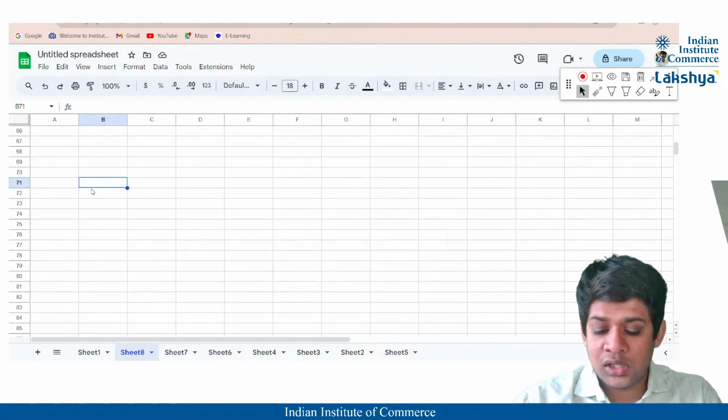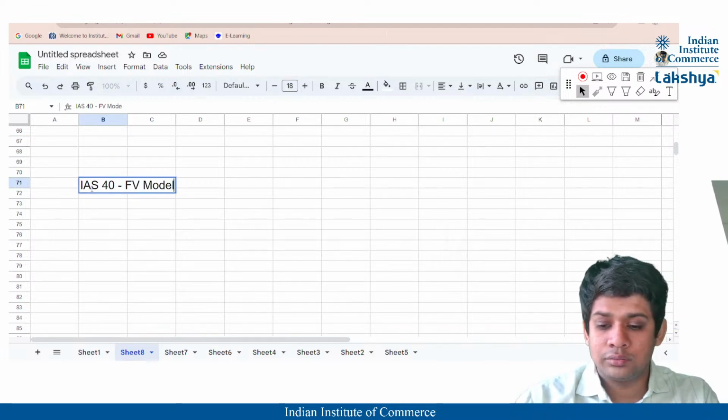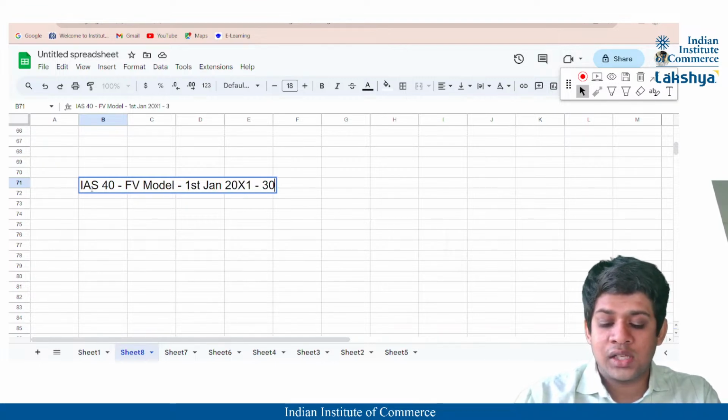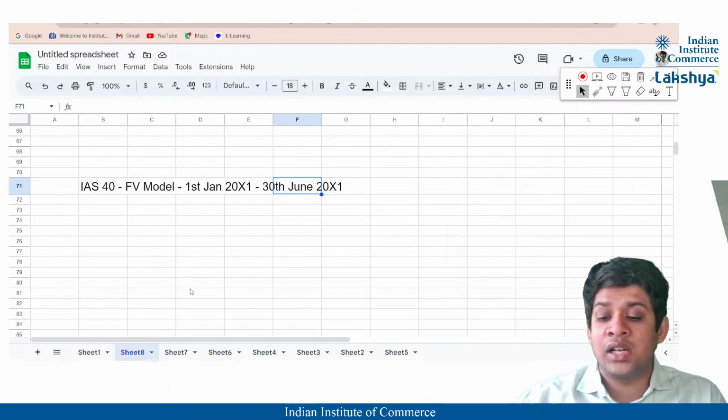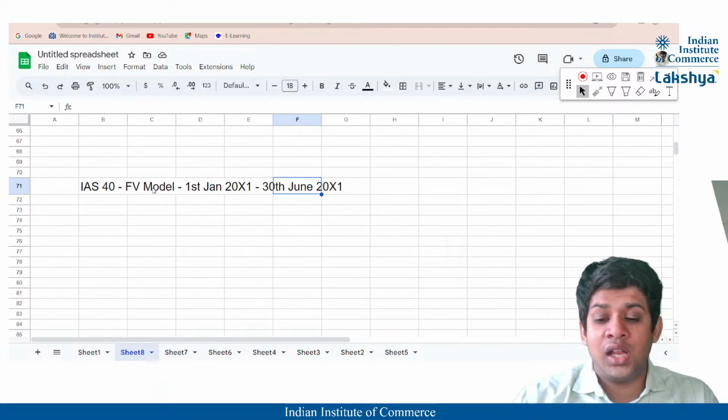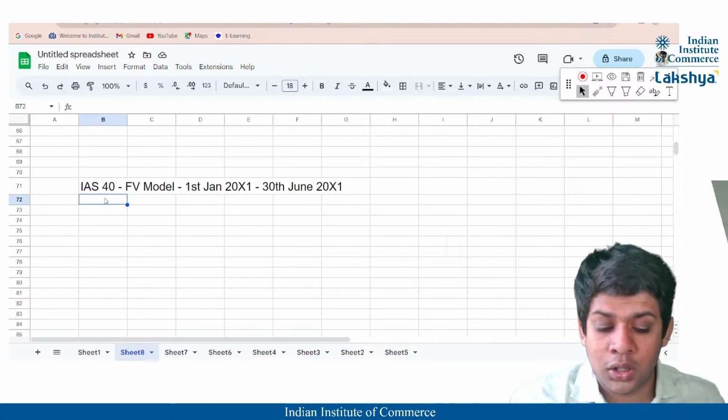Firstly, that property was under the IAS 40 fair value model from 1st January 2011 to 30th June 2011, because on 1st July 2011 you made the transfer. So for that 6 month period, the asset was an IAS 40 investment property and the fair value model was used.